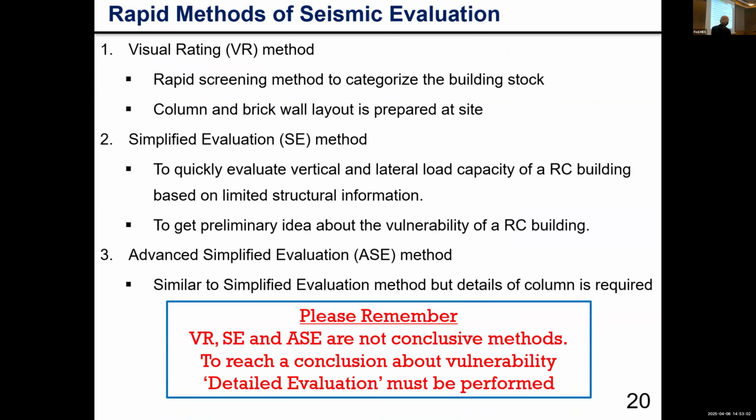So the thing is that visual rating, AC and AAC are not conclusive methods. Those are used for screening purposes only, to make the list smaller, so that we can do the detailed evaluation for the least number of buildings. We can concentrate on the really vulnerable buildings.